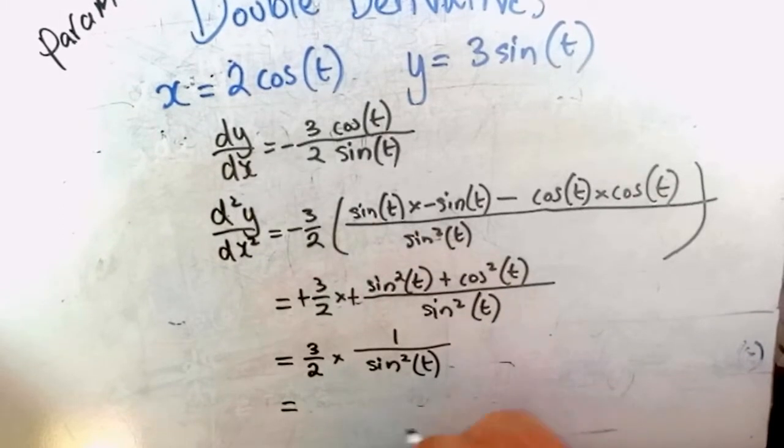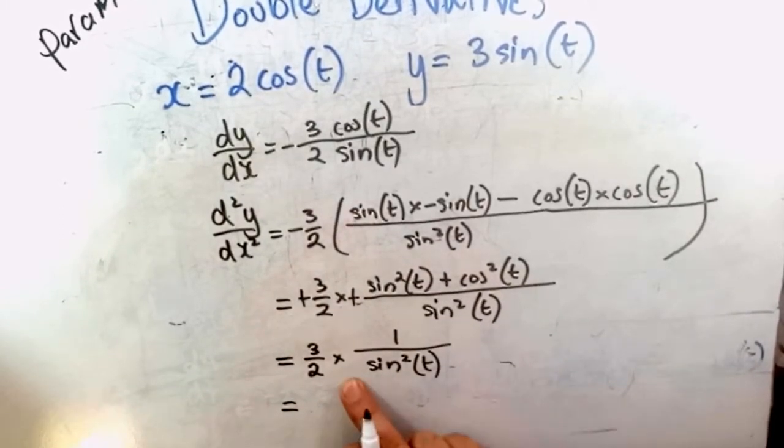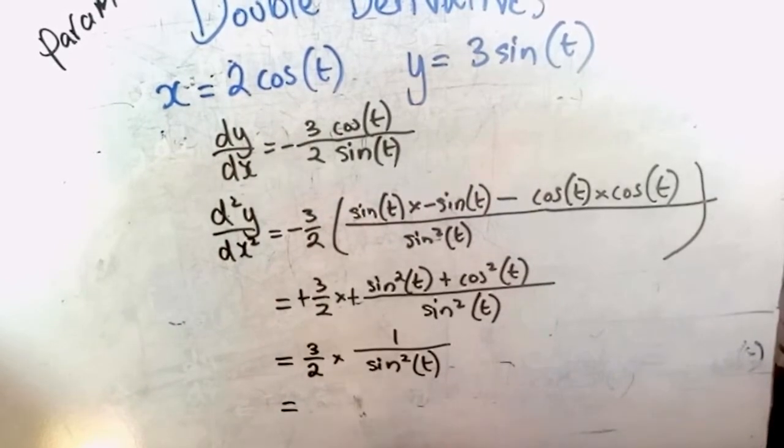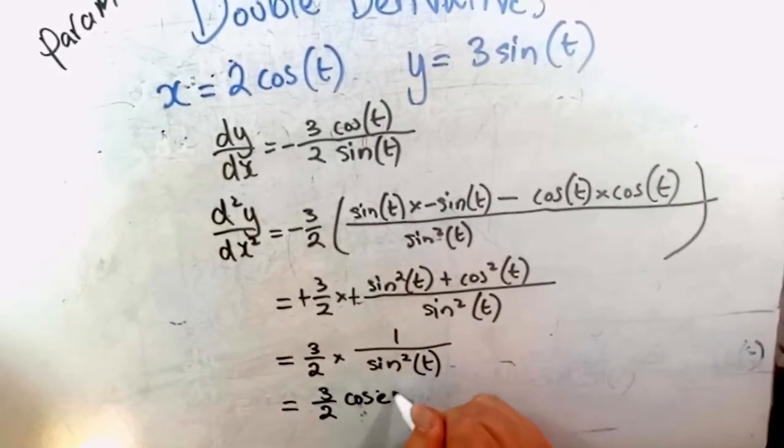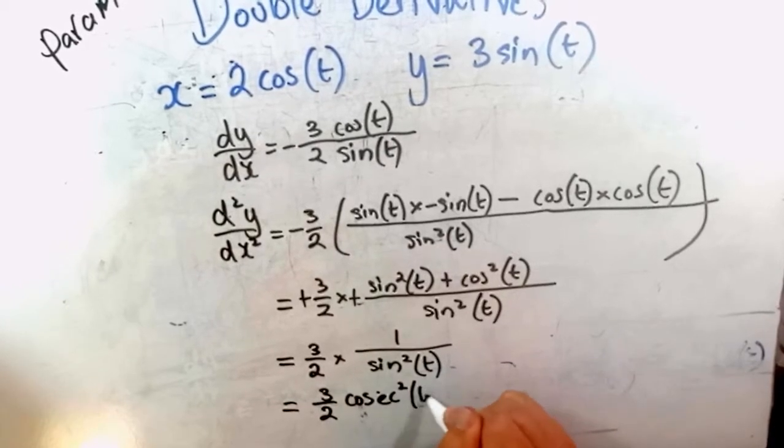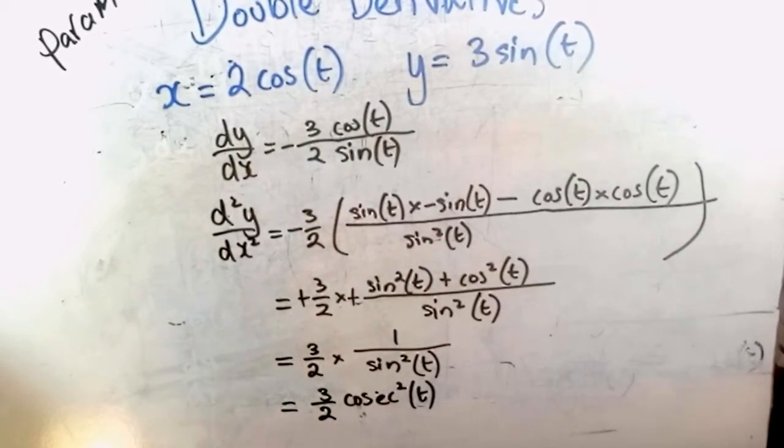Oh, I've got a bad feeling about this. What have I done wrong? So 3/2 of cosec squared of t.